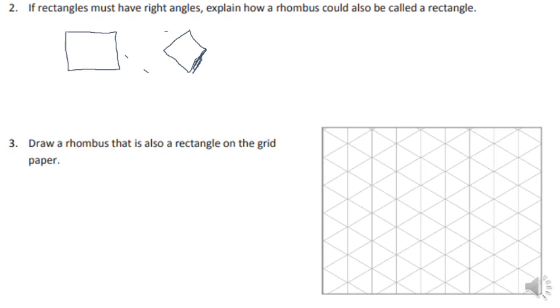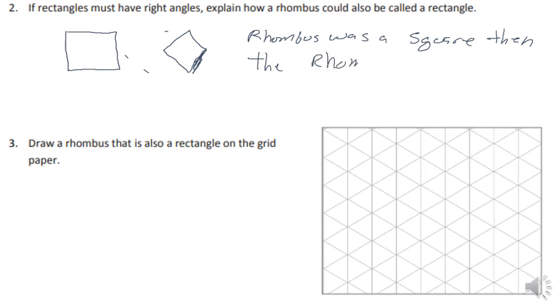So it says if rectangles have right angles, explain how a rhombus could also be a rectangle. So basically, if the rhombus was a square, then the rhombus would also be a rectangle, because all squares are rectangles.